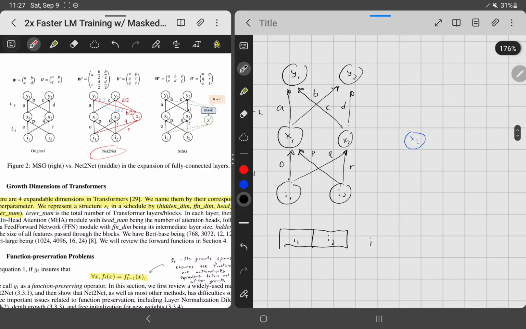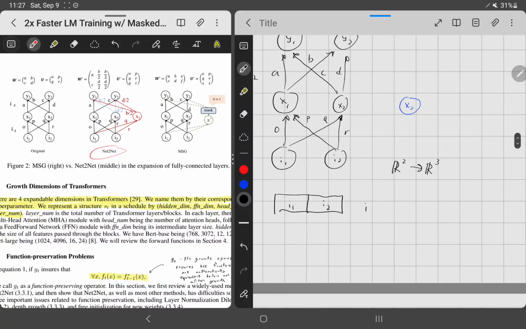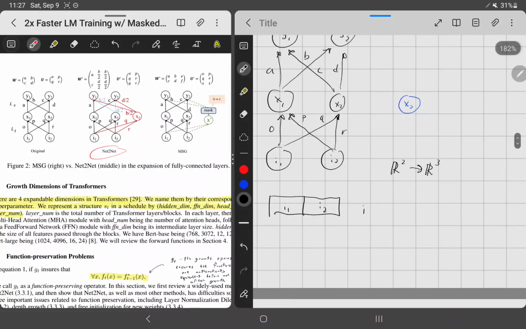So to do this, just with one example, this is going from a space R2 to R3. We have a two-dimensional vector and we're going to a three-dimensional vector for our weights.